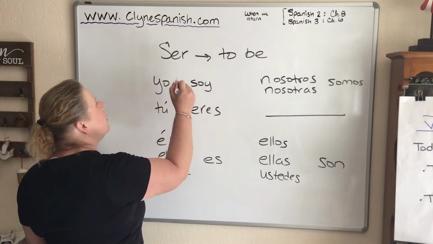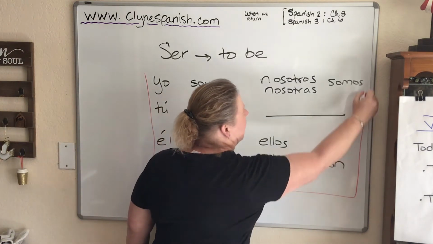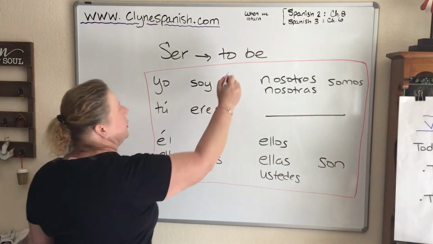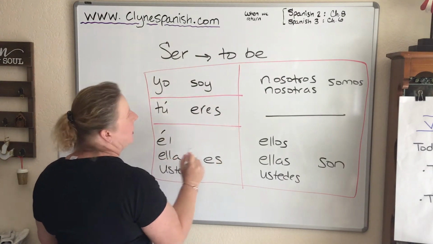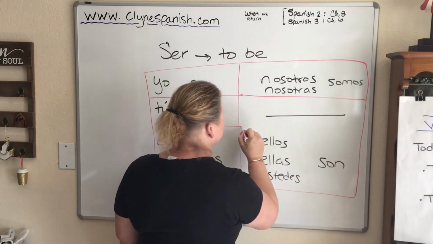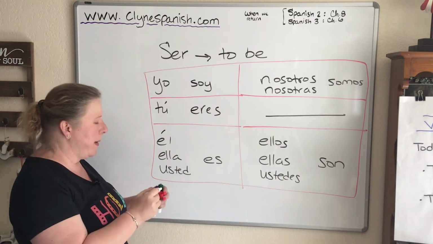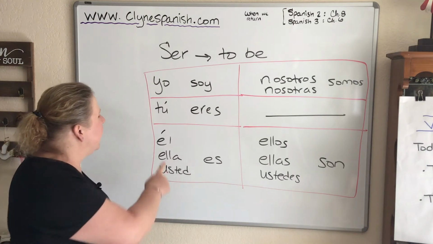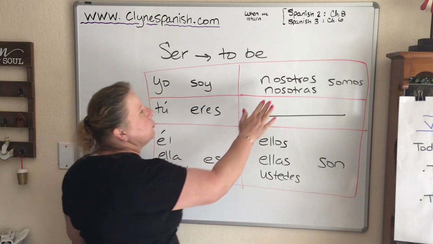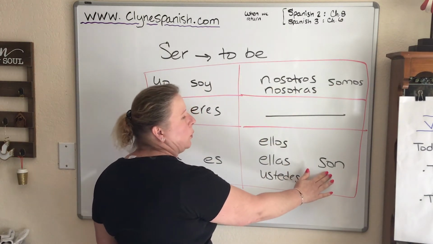Remember I told you you need to learn the chart. Really important to learn the chart because you don't always get the personal pronouns written in there. Okay, so here's our vosotros there that we don't worry about. But here's what it looks like. So yo soy, tú eres, él, ella, usted es, nosotros or nosotras somos, ellos, ellas, ustedes son.